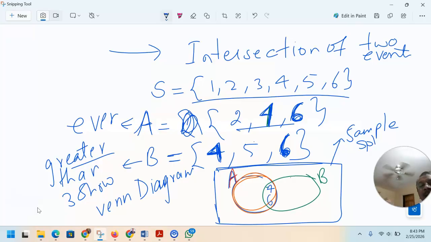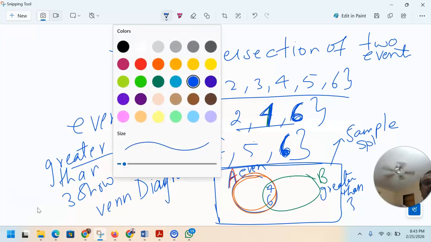These two numbers go there. That means on the left side is even numbers, because this is even, right? And this is greater than 3. So the other numbers will fit in. We need to fit in the red one.